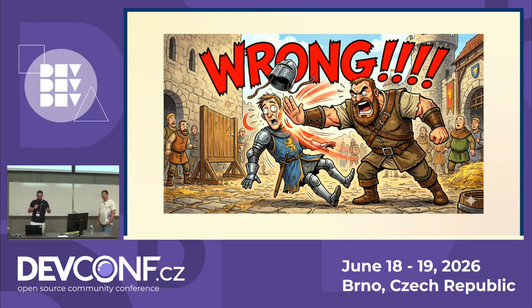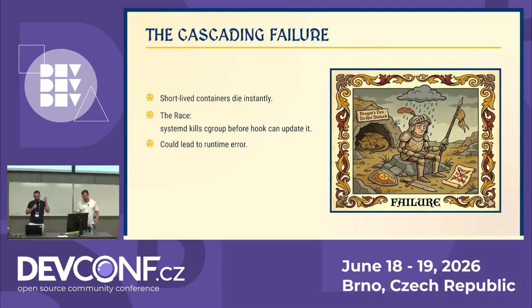More problems emerged. We got a cascading failure, because some containers are short-lived, especially init containers in some situations, which means we now have a race: systemd kills the container before we actually get to update it by the OCI hook, which leads to errors.